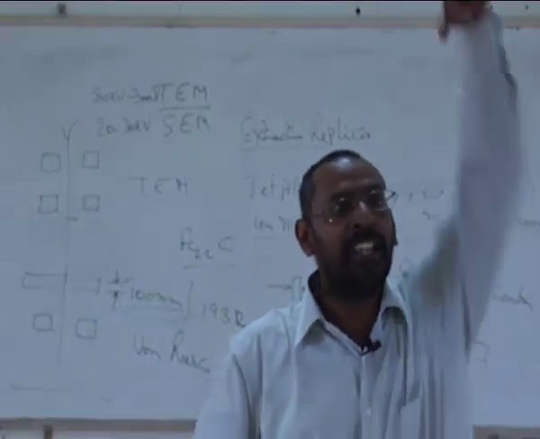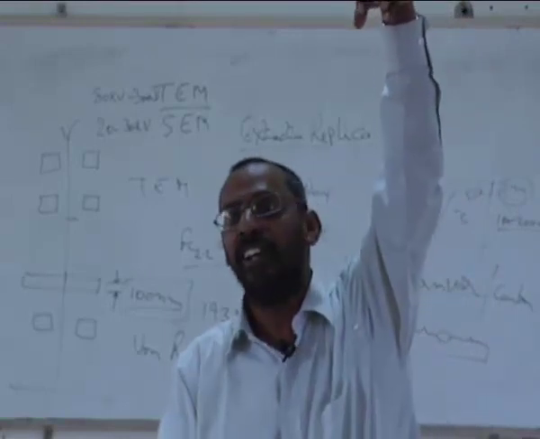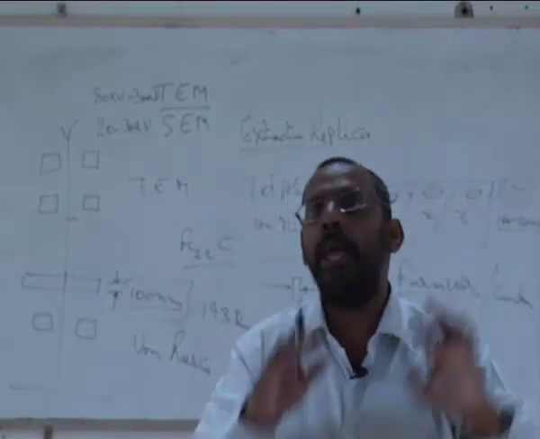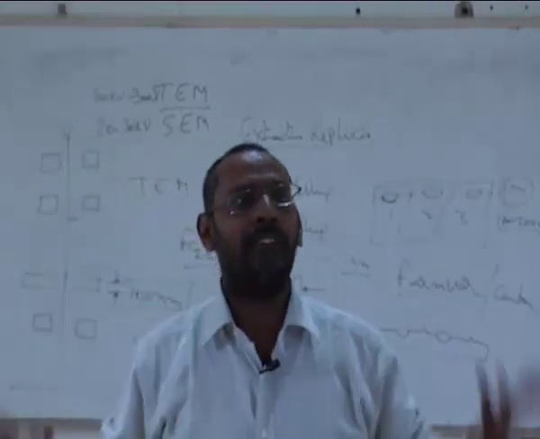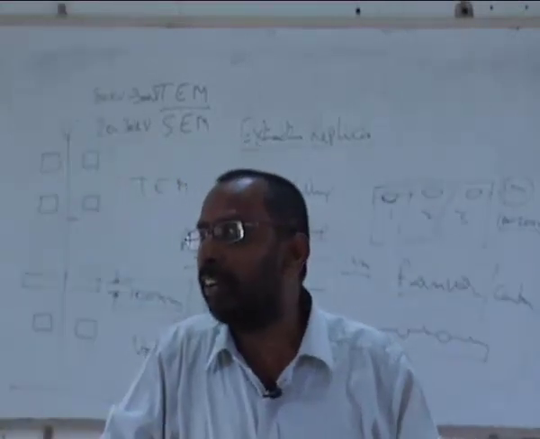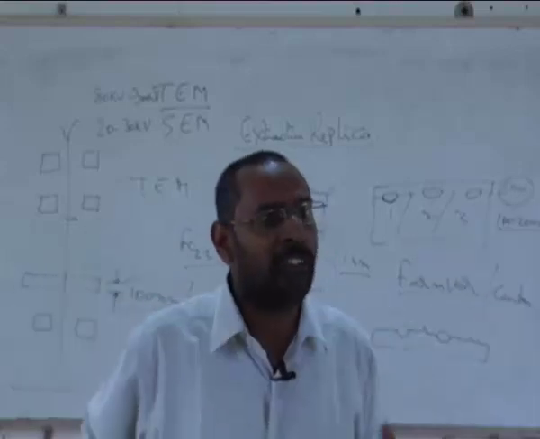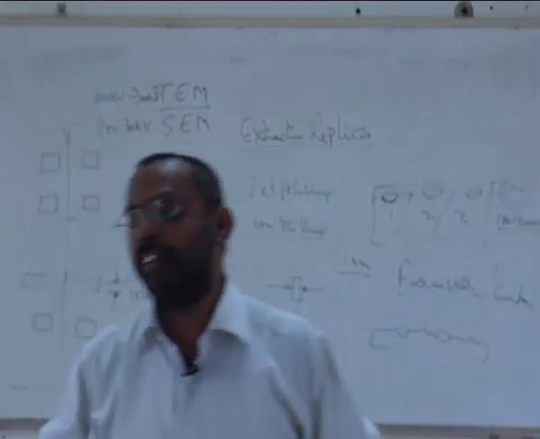If I see this glass, I am able to see the structure of the liquid, because glass is nothing but a replica of my liquid, right? So if I understand the structure of a glass, I understand the structure of the liquid.